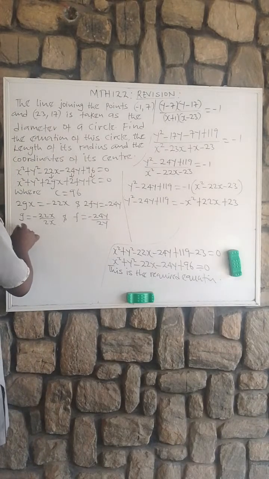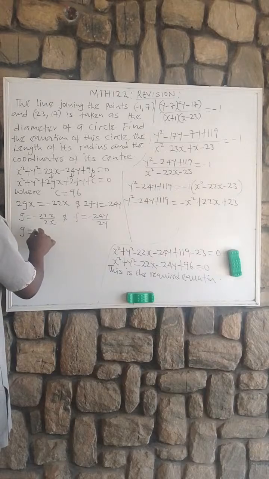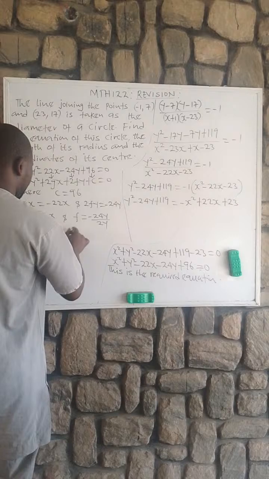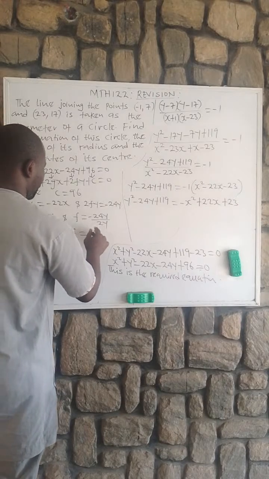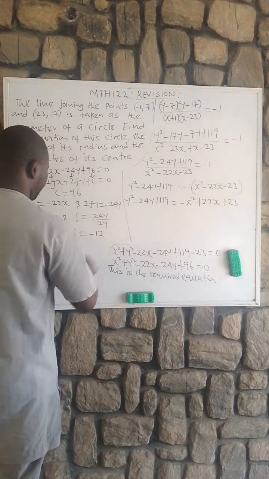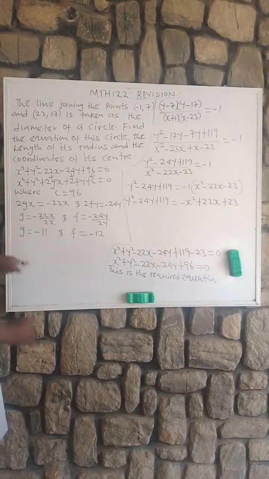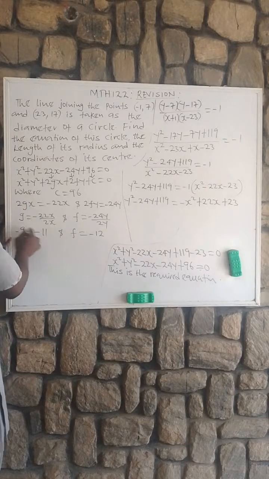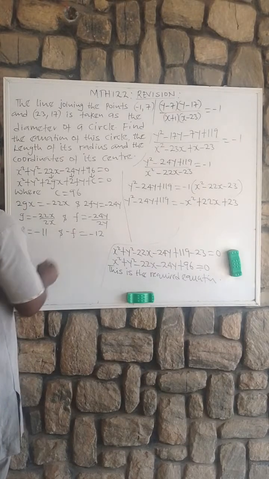Then our g is equal to minus what? 11. True or false? And our f is equal to minus 12. True or false? But the center of the equation of the circle is always negative g, negative f.